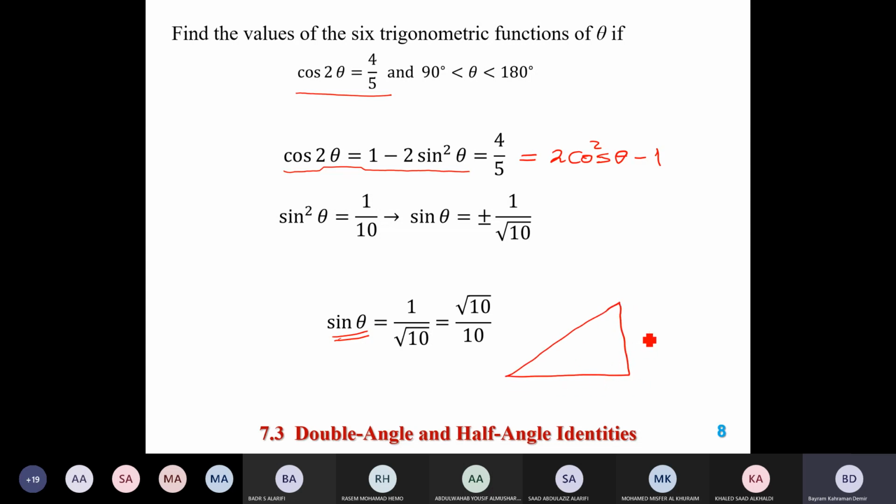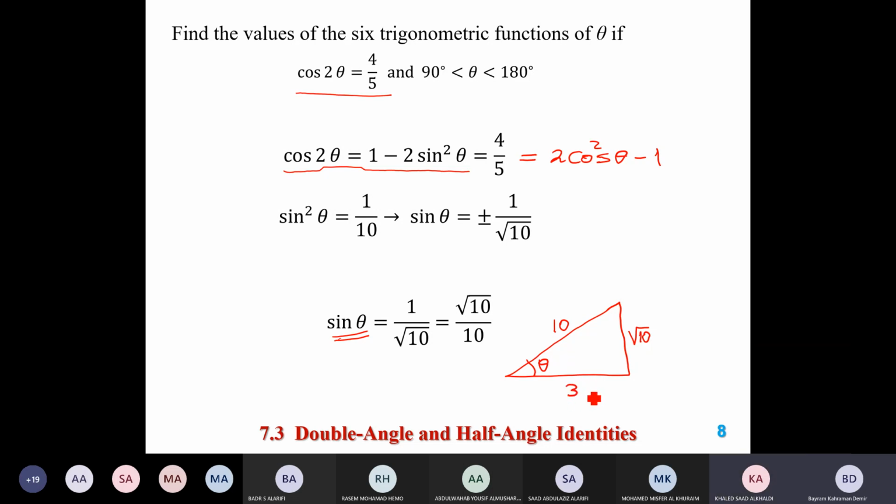Sine theta is root 10 over 10, so root 10 is here and 10 is here. And then the other side is root of 90, so it will be 3 root 10.